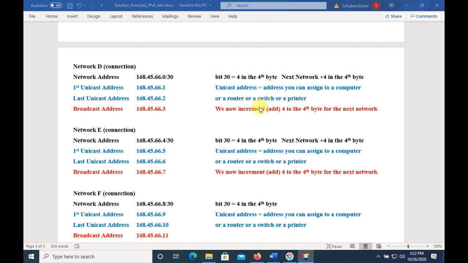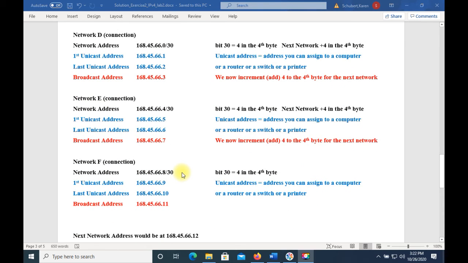Therefore we do not increment the third byte any longer, just the fourth byte. The next network, 168.45.66.4, the first unicast address 168.45.66.5, the last one 168.45.66.6, only two. And the highest address, 168.45.66.7, is the broadcast address for network E.